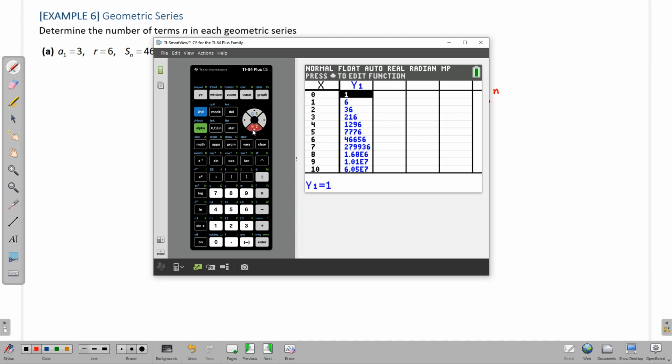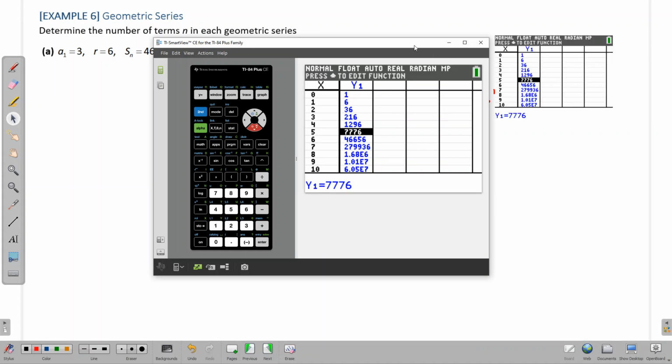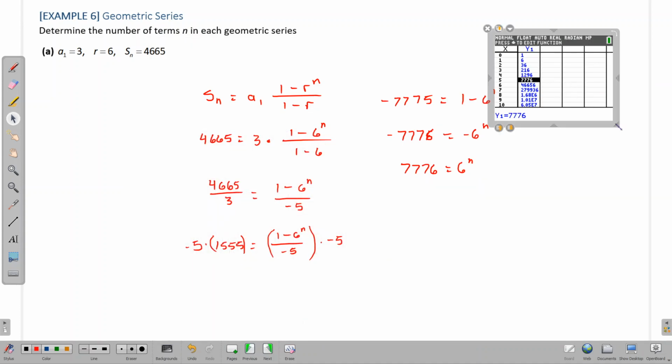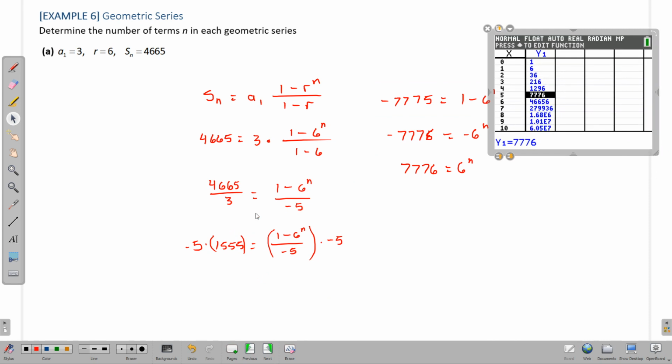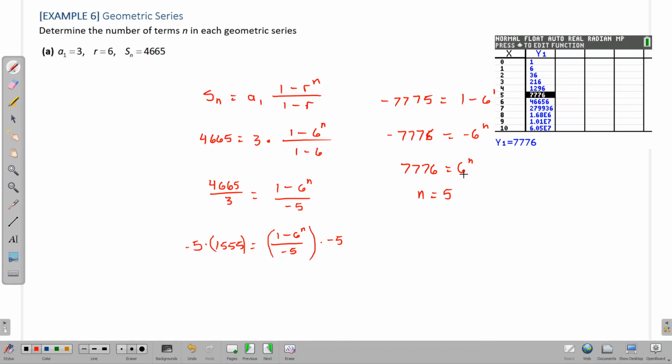And we're looking for when the y value hits 7,776, and we can see that it's when the x, or the n in this case, is equal to 5. So according to that, n has to be 5. 6 to the 5th power is that. So what we have found is, given this information, we know that there were actually only 5 terms in that sum, 5 different terms in the series that added up to this value.